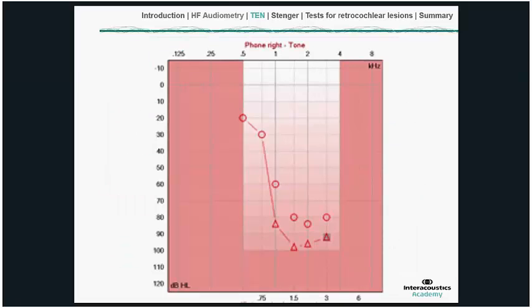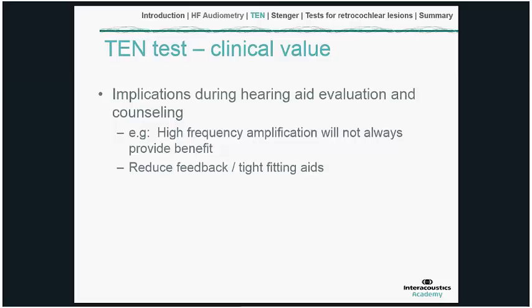So here's a screenshot of a result where you can see the circles, which are the pure tone thresholds without the TEN noise, and then the triangles, which are the pure tone thresholds in the presence of the TEN. They've all shifted downwards, so they've got more severe, indicating that without the TEN there was off-frequency listening occurring.